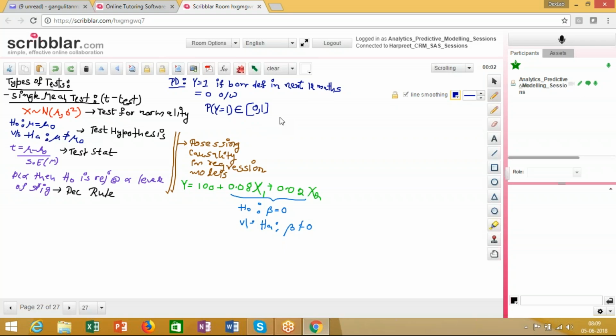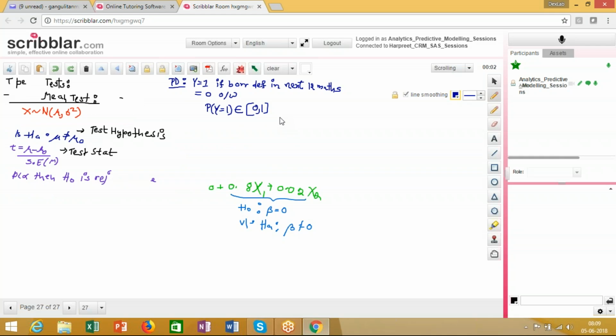So the dependent variable is the probability of default, and this dependent variable lies in the interval 0 comma 1, the fractional set of values.